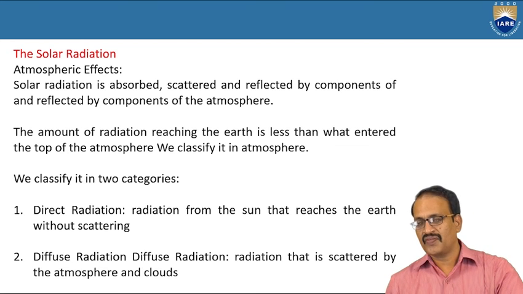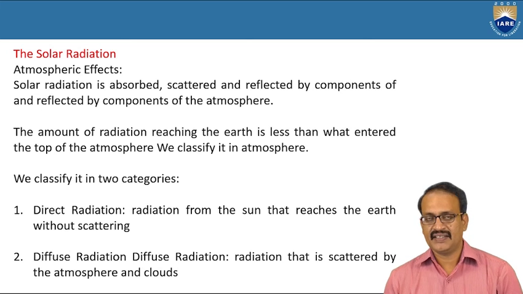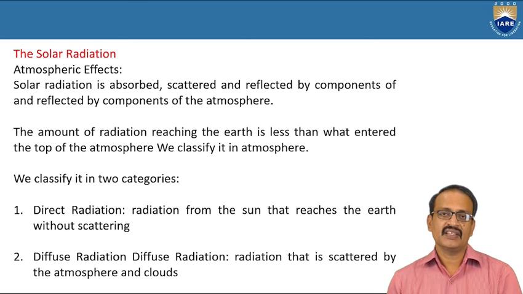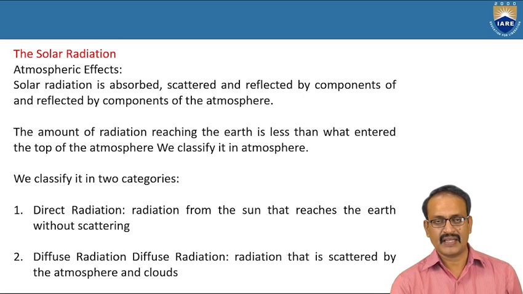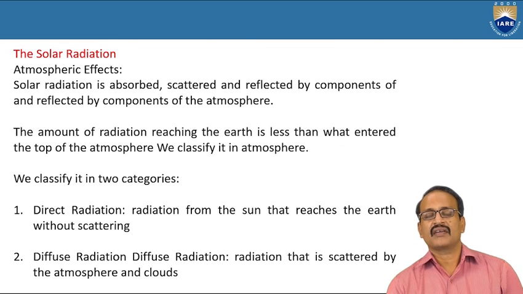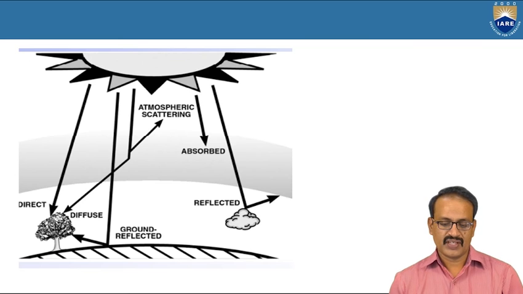So there is some amount of energy that we'll be calling the direct radiation, and the diffuse radiation. After it has lost some of it, being affected by the atmosphere, it is still able to reach.